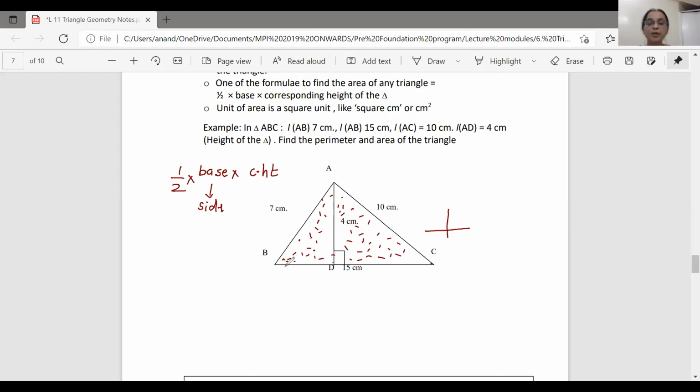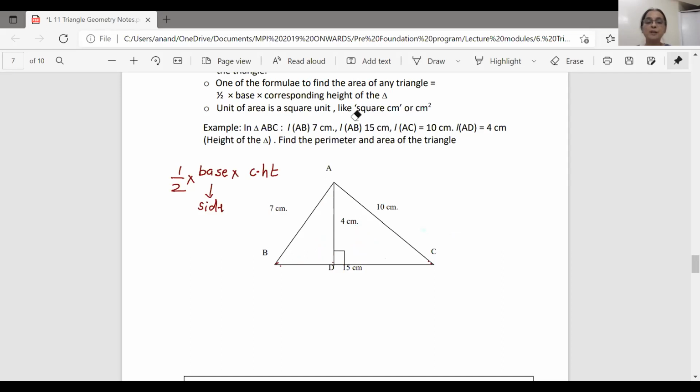I cannot take BC as the base and BE as the height to find the area. My answer will be wrong. I can choose any base, but when I choose some base, I will have to choose the corresponding height and divide the product of that by 2 to get the area of a triangle.